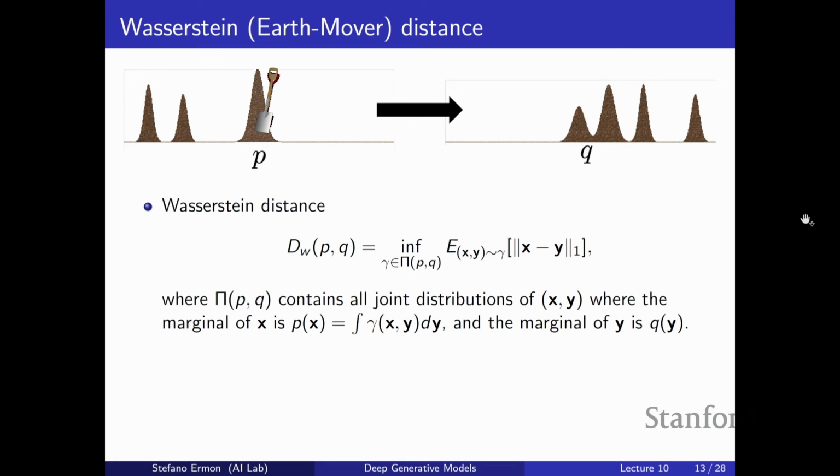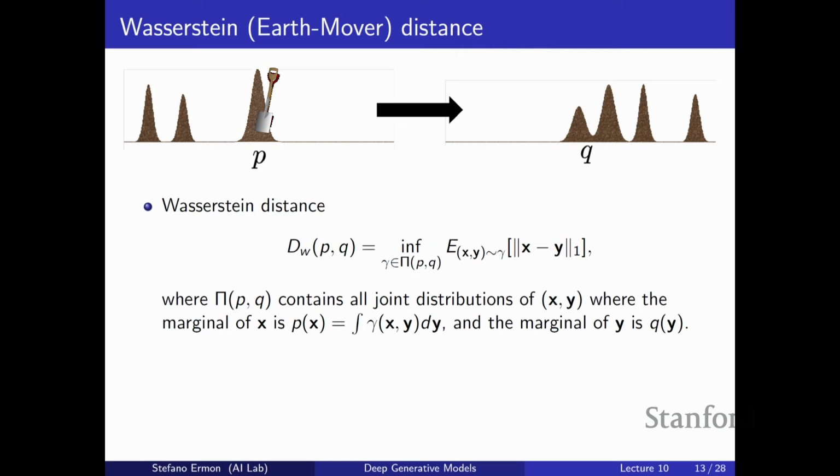You can choose other choices, but for now, you can think of it as basically the absolute value in 1D of x minus y. And you can think of this gamma(x, y), which is a joint distribution over x and y, as basically telling you how much probability I'm moving from x to y.